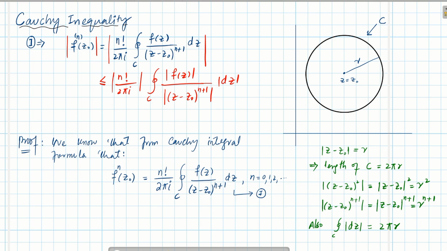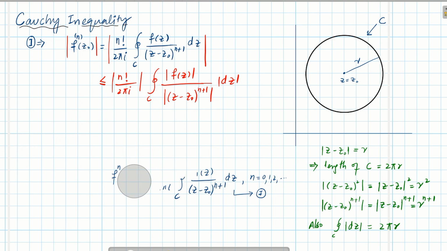Okay, now here you can see that n factorial is always positive, so no need to write in absolute.